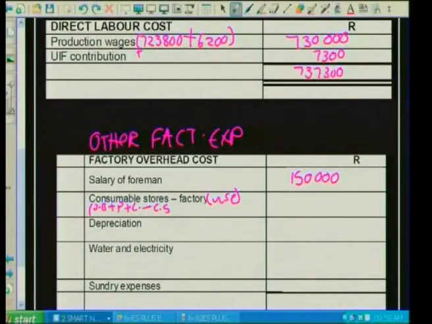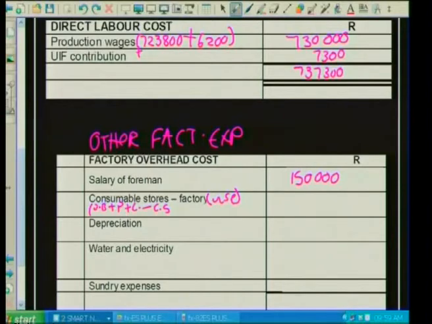I'm going to say that one more time, guys. I'm going to take my opening balance for consumables, add my purchases, add any carriage that I might have paid, and subtract my closing stock or my closing balance. Right, let's start with this calculation.